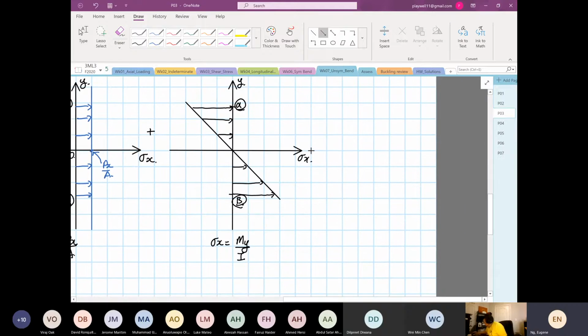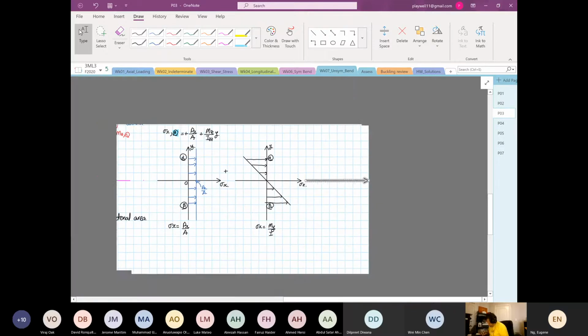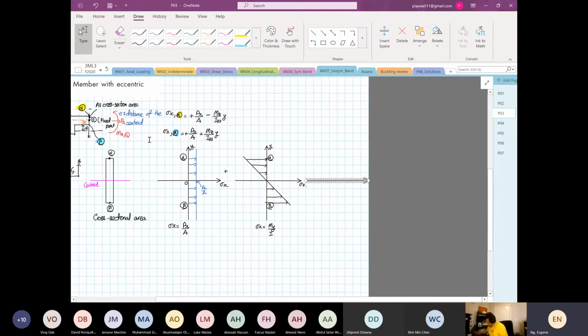When we add both of them together, I'm going to try to shift this. My bad.